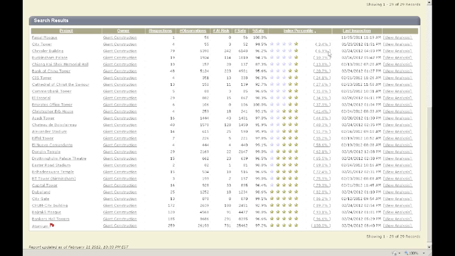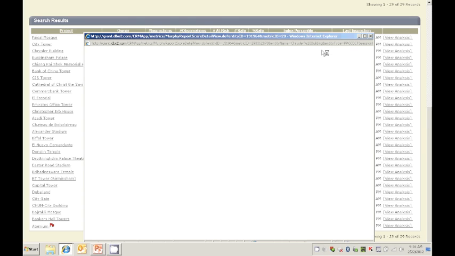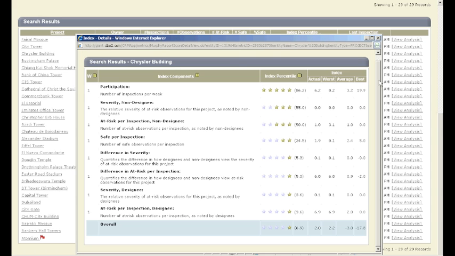To find out what that risk is, simply click on this risk rating number and a component box will appear. These are the 8 components that make up the project index. We have participation, the number of inspections per week.